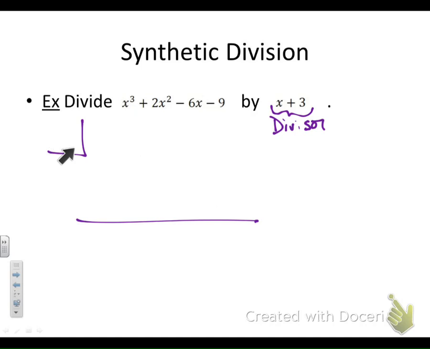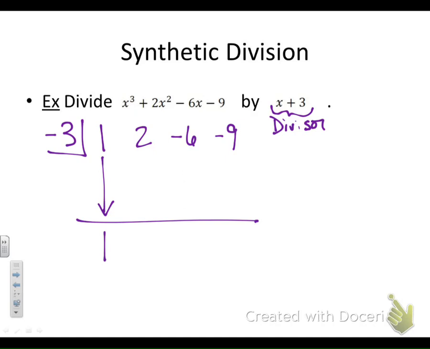The box number is the 0 of the divisor. So what would make this divisor 0? The -3 goes in the box, and then we line up coefficients as long as it's in standard form. We have to make sure it's x cubed, then x squared, then x, then no x. You have to bring down that first coefficient to start.